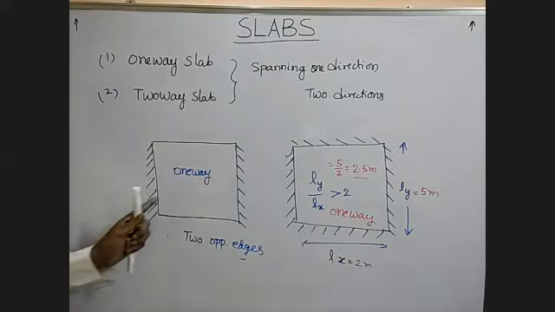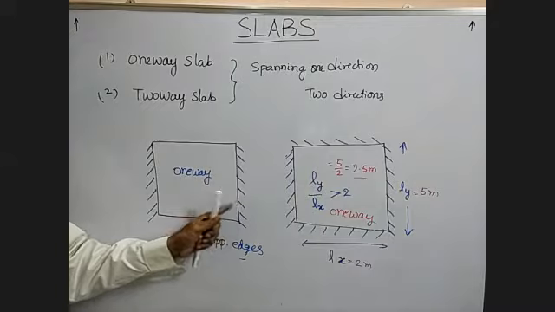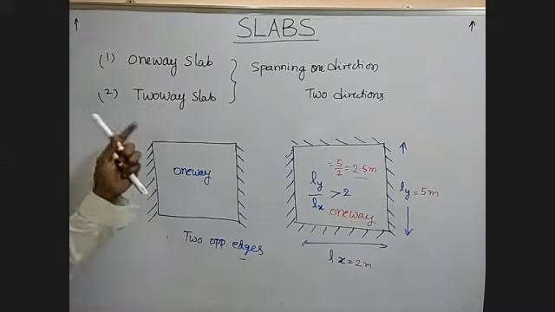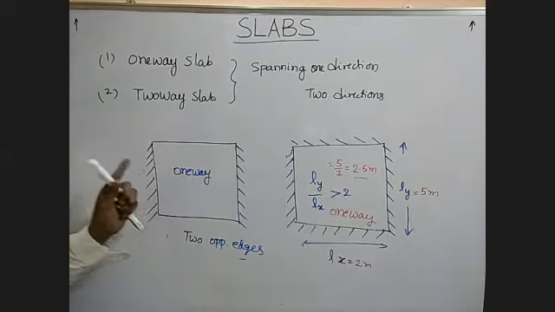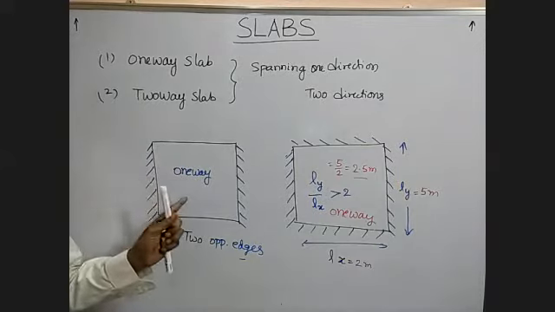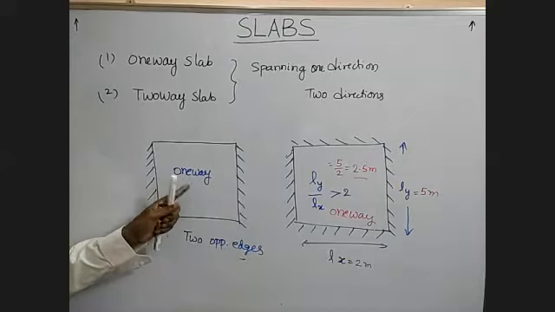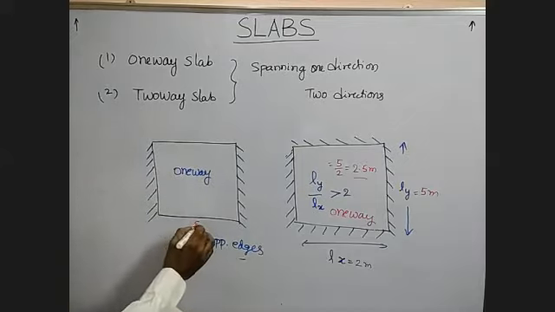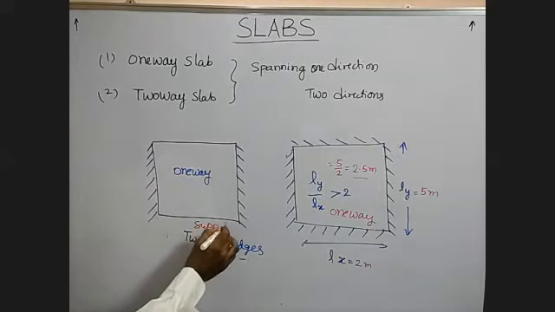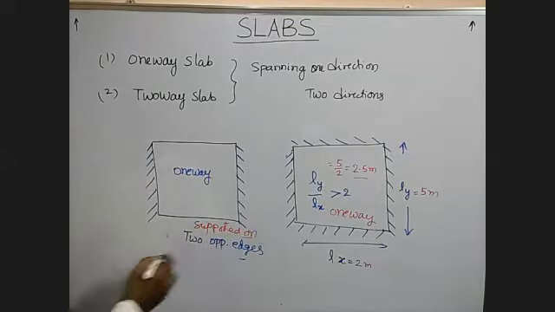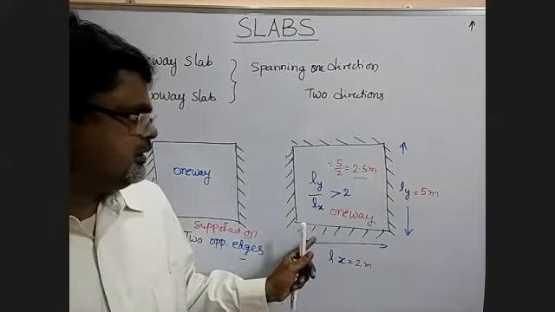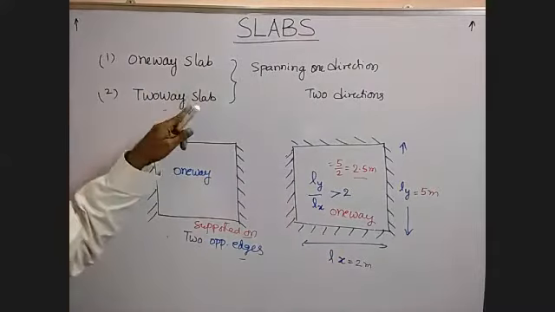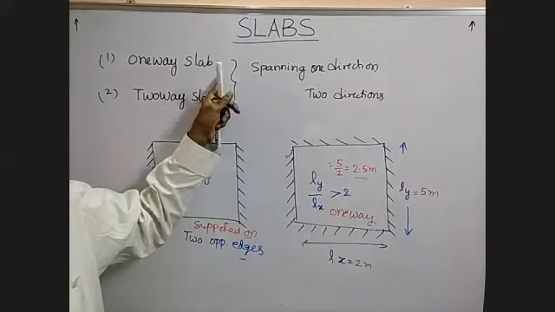ఇక్కడ 2 opposite edges ఉన్నప్పుడు there is no doubt whether this is a one-way slab or two-way slab. It is 100% one-way slab only if the slab is supported on 2 opposite edges. If the slab is supported on 4 edges, then there is a doubt whether this is a one-way slab or two-way slab.